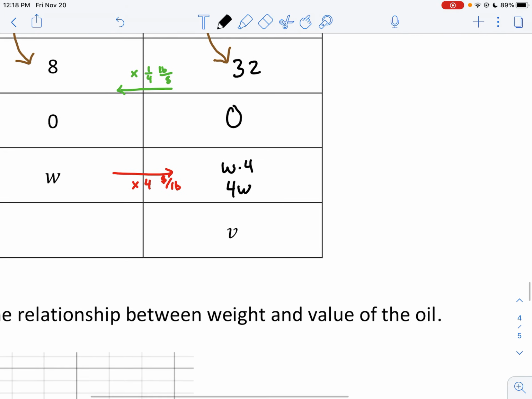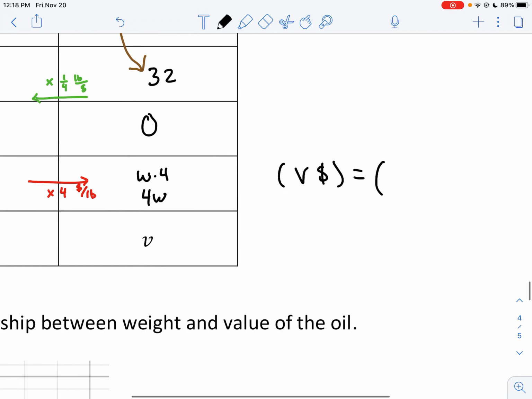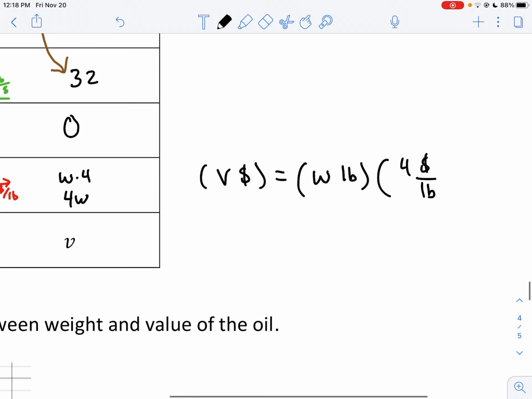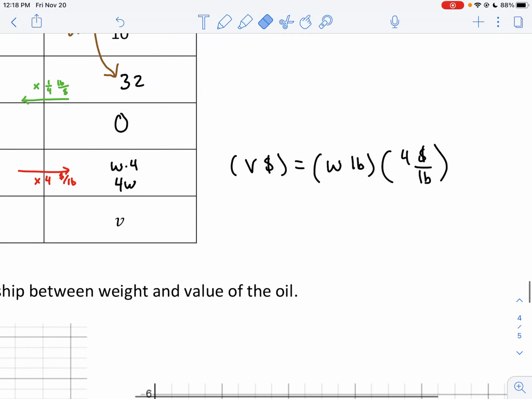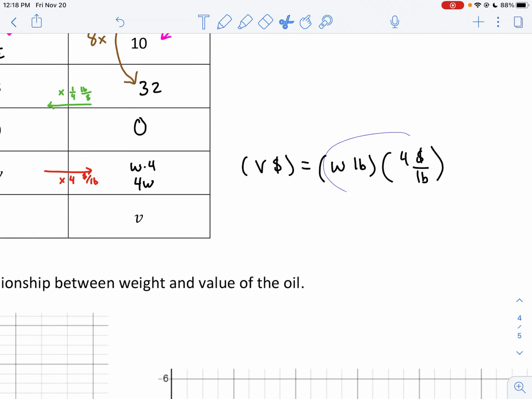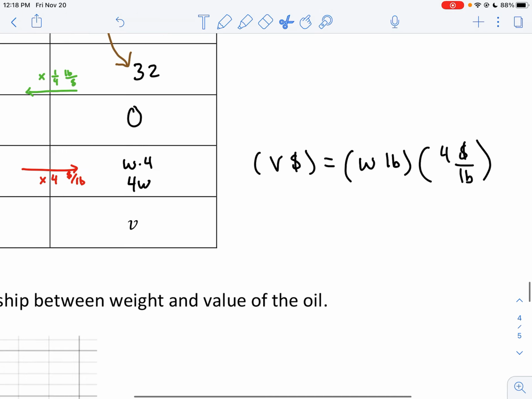But the real proper structure here is that if you want to find the value, so V dollars, you do that by calculating, you do W pounds, and you multiply that by $4 per pound. Right, so we have our traditional multiplier, multiplicand, and then product. So this is our basic structure. That's why I like to write W times 4, just to keep the multiplier and multiplicand in the correct order.